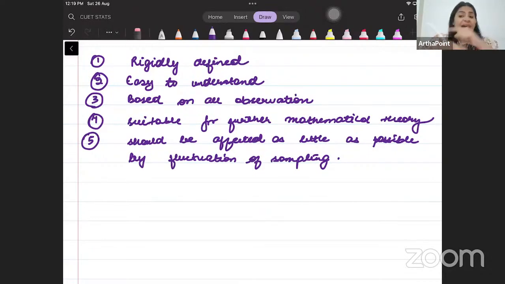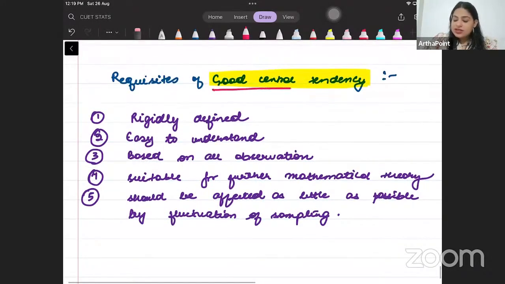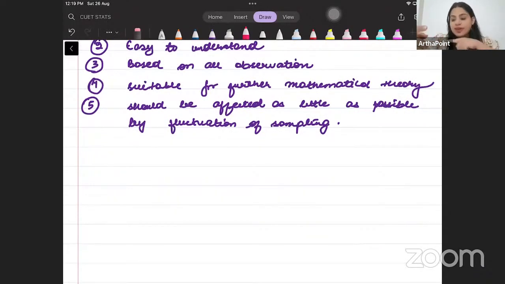So as you fluctuate your sample, the central tendency is getting affected. But what we are saying is that as part of a good central tendency, your prerequisite is that it should be affected as little by sampling as possible.